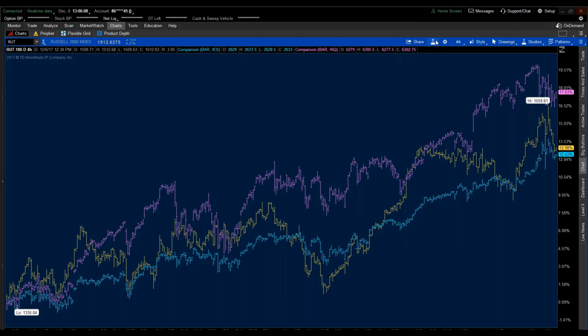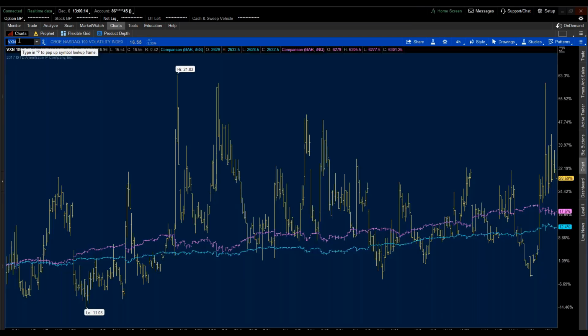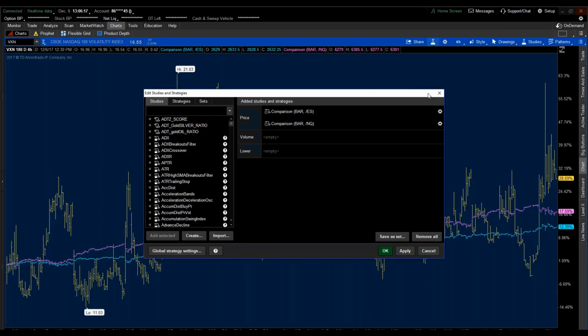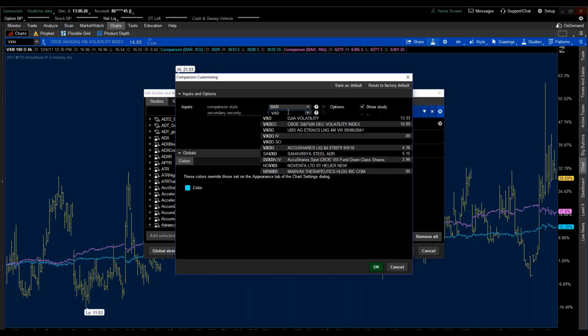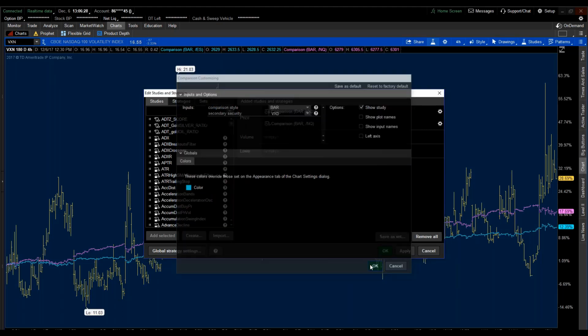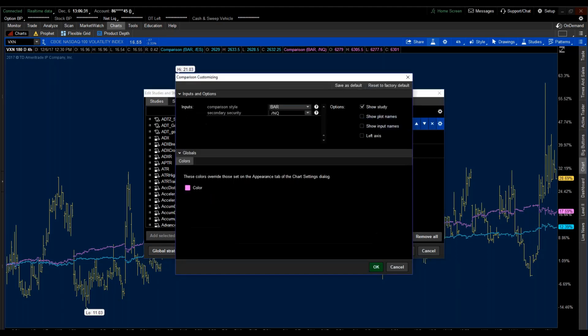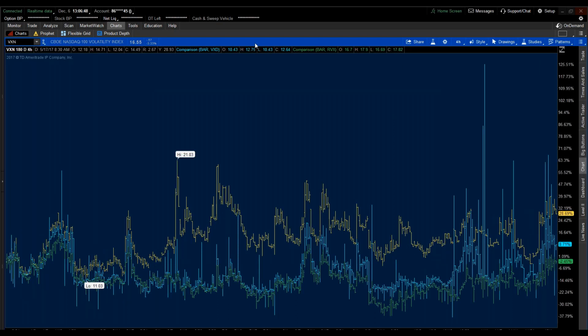So if I take this away and then we do the same thing, just using the volatility, VXN is going to be NASDAQ, VXD is going to be Dow, RVX. Okay, that's what it looks like.